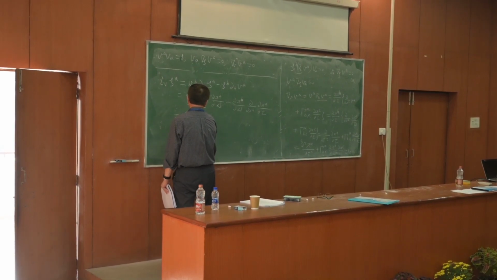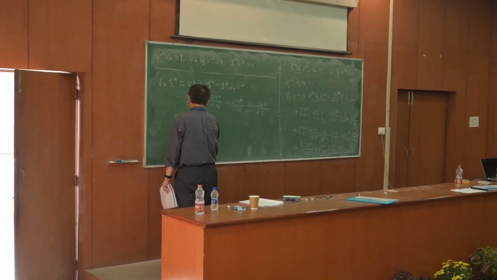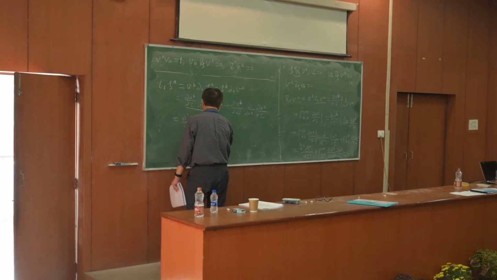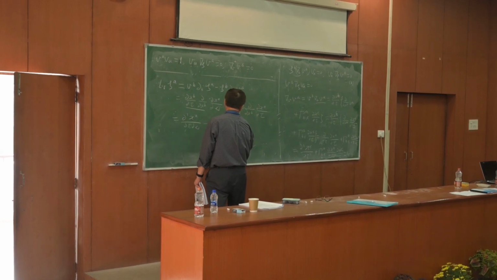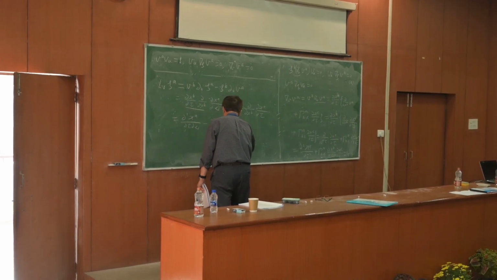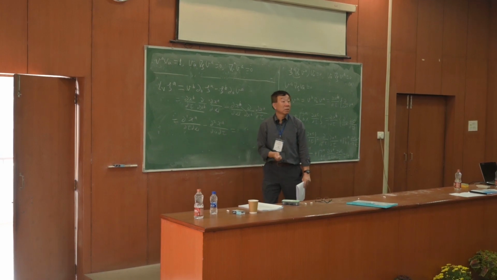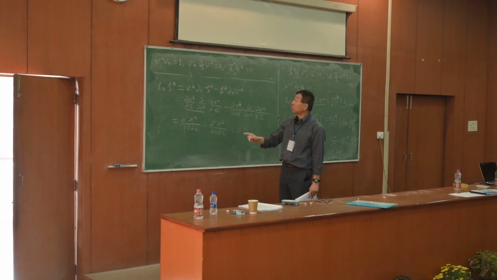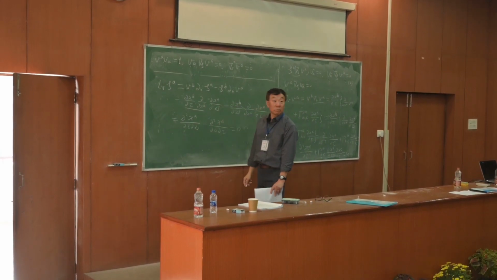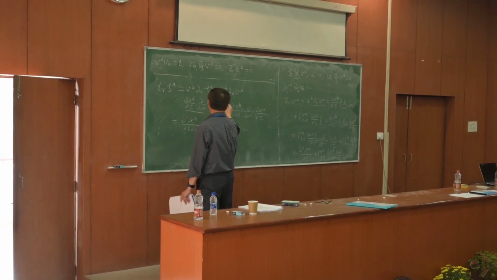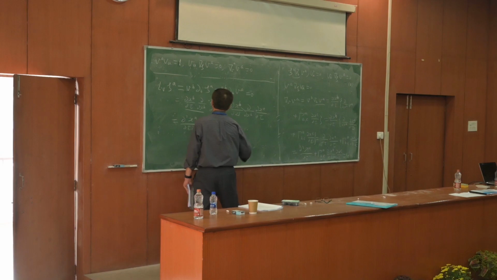This is equal to d squared x a d tau d nu, minus, again by the chain rule, d squared x a d nu d tau. Like what we said, the partial derivatives always commute, right? So this equals 0.